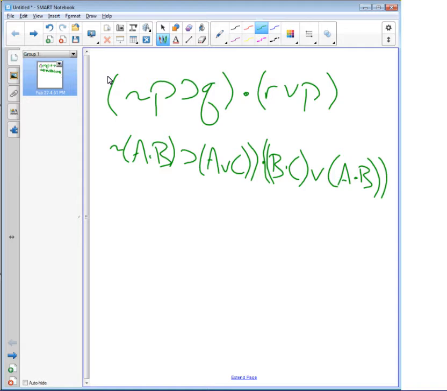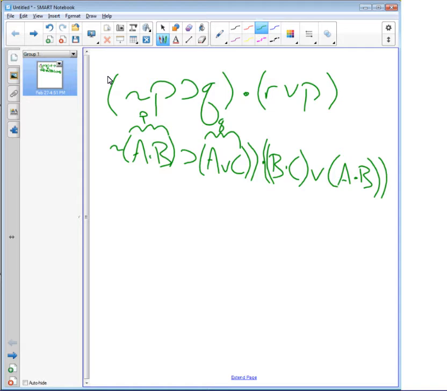So the way you want to look at this, you see that we have a negation, so that's good. And then we have P. So it looks like A dot B is standing for P. Then we have the horseshoe, which is good. And then A wedge C is standing for Q. So that's good.